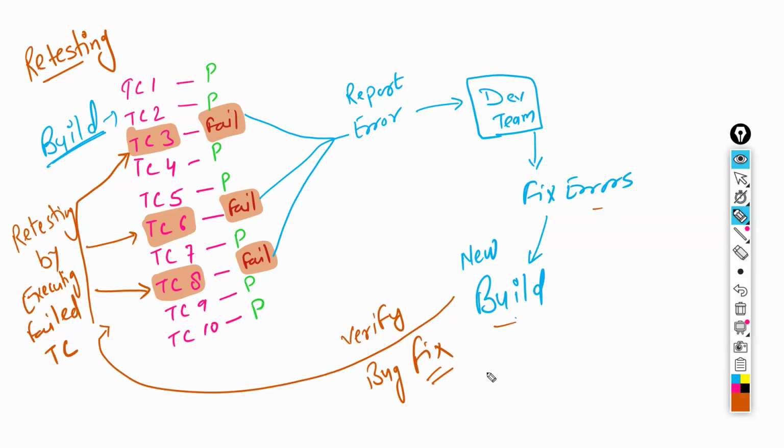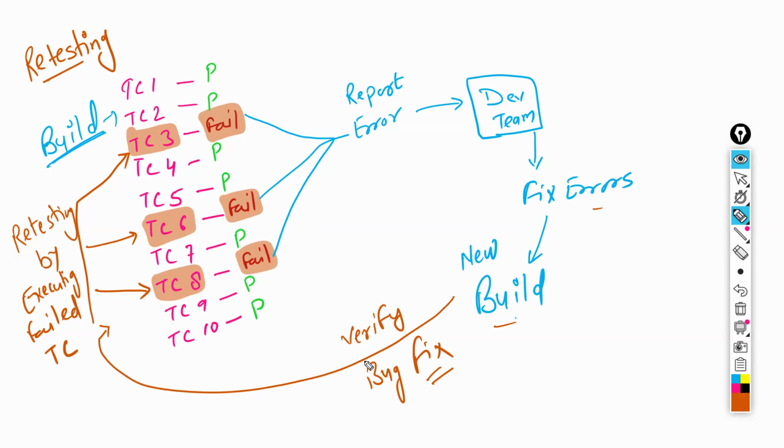And that is the reason we also call retesting bug fix verification or defect fix verification testing, wherein you simply check if that particular defect, that particular bug, has been fixed or not. That is what you will check here, rather than testing everything.